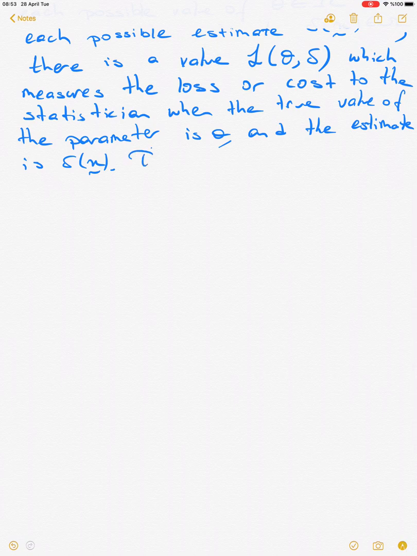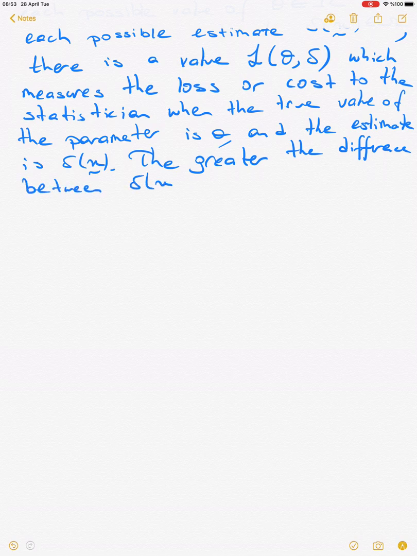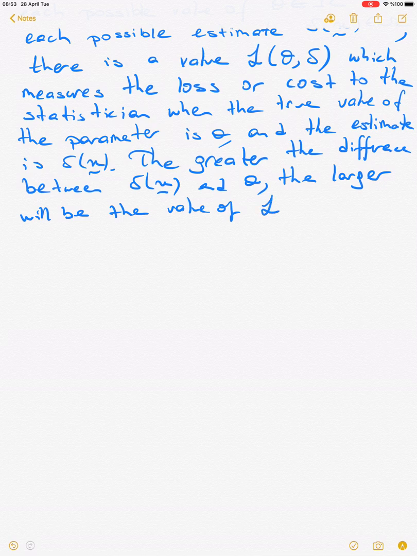So the greater the difference between the estimate and theta, the larger will be the loss, and we don't want that actually.